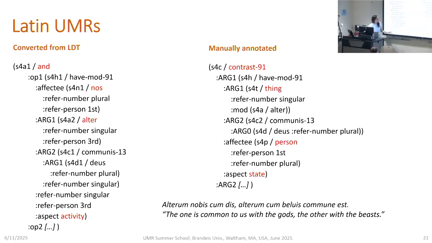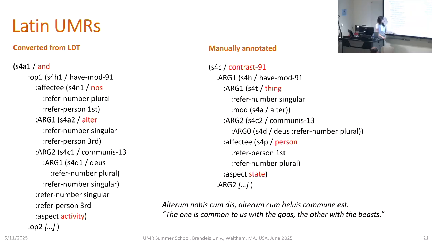You have here two UMRs, on the right the gold one, the manually annotated one, and on the left the generated one. As you can see, they're not exactly the same. The converted one is a bit longer, but overall it's correct enough. There are a few differences. For example, assigning aspect, as we've discussed already, is often non-trivial.